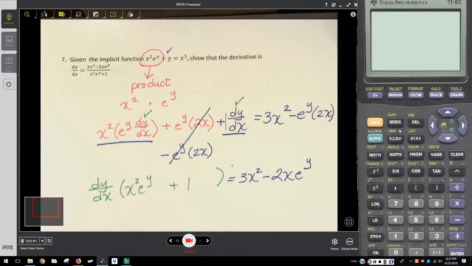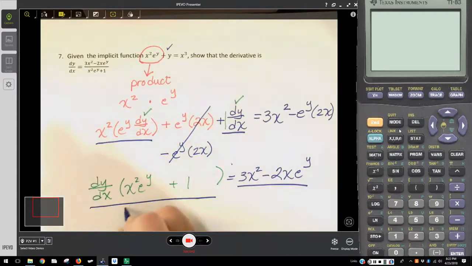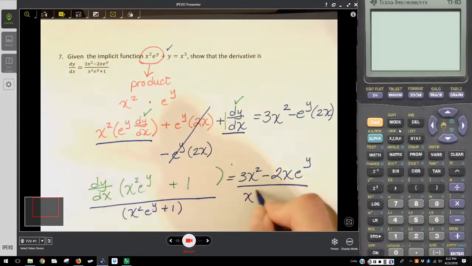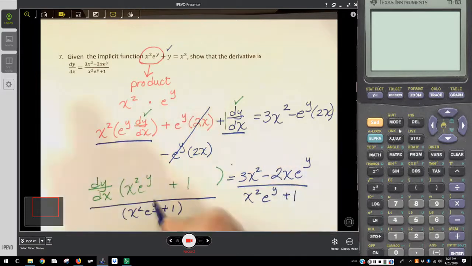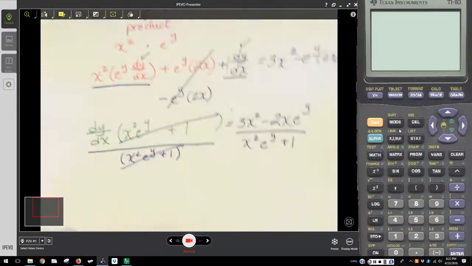And now the only thing remaining to do is to divide both sides by the quantity x squared e to the y plus 1, which removes it from the dy dx and leaves us with dy dx, which is what we're looking for.